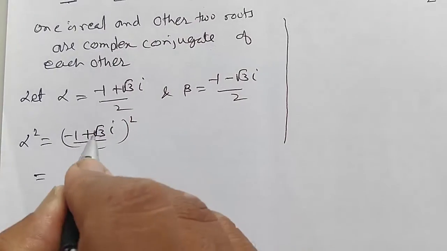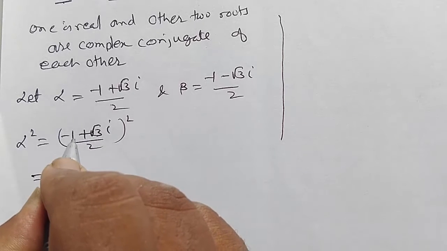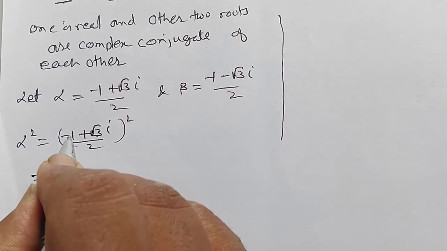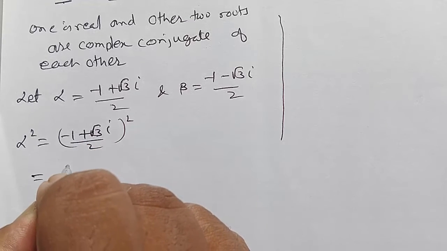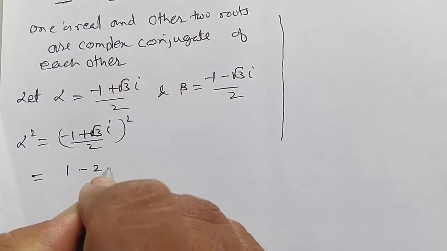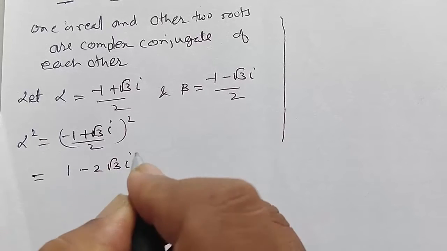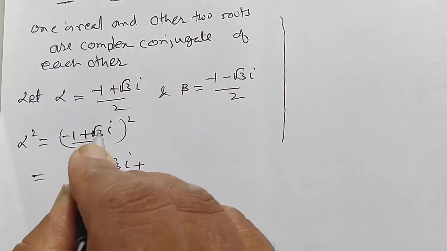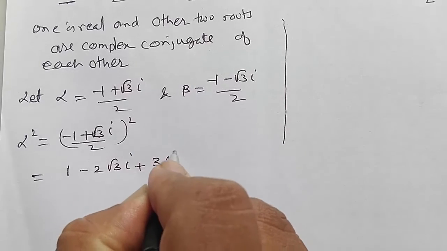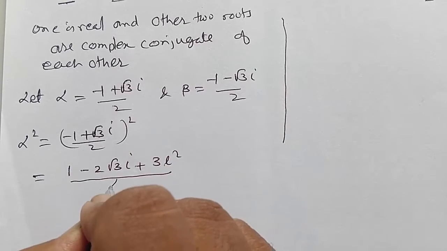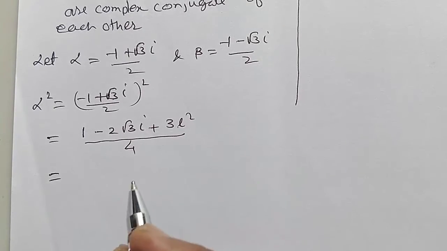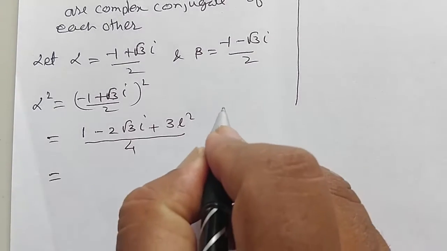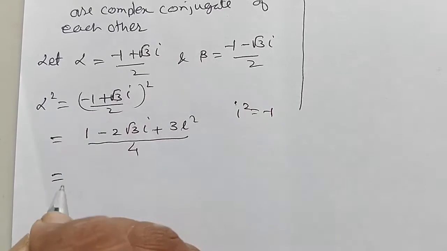Squaring this, minus 1 plus root 3 i bracket square is 1 minus 2 root 3 i plus root 3 square, that is 3 i square, upon 2 square, which is 4. I square is equal to minus 1.